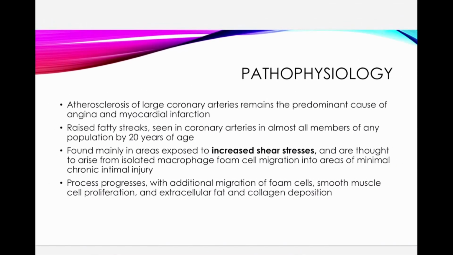So atherosclerosis is the big one that we're going to be talking about, the predominant cause. Atherosclerosis develops because there are little itty bitty tears that happen inside the vessel. It happens with everyone. In your 20s, you have some fatty streaks in your aorta already and some of your coronary arteries. So what happens is increased shear stress.